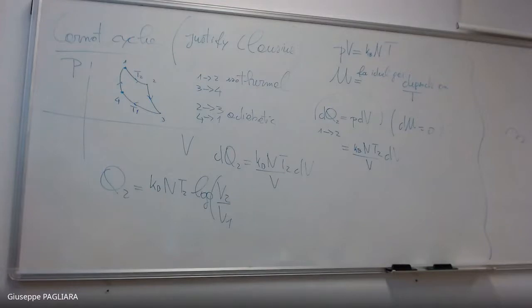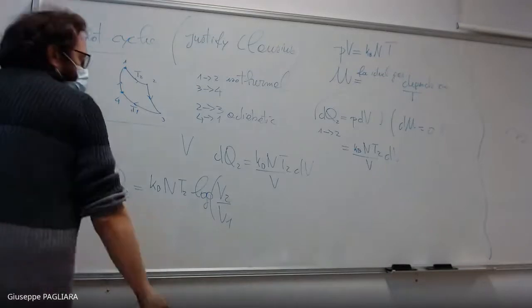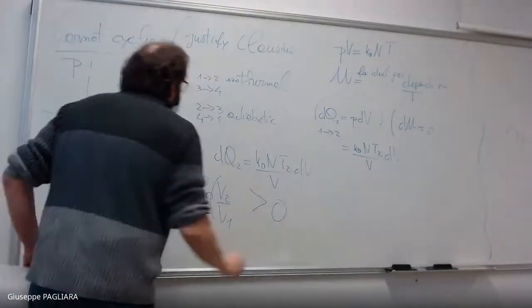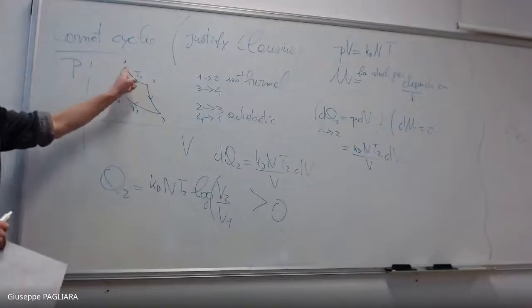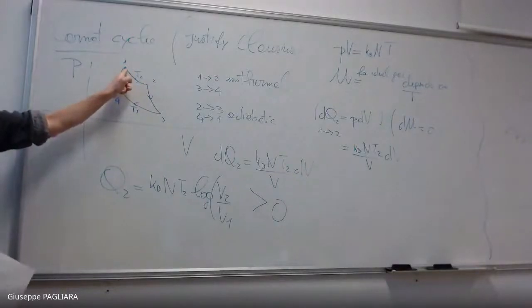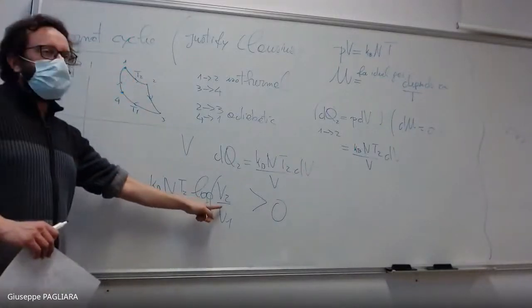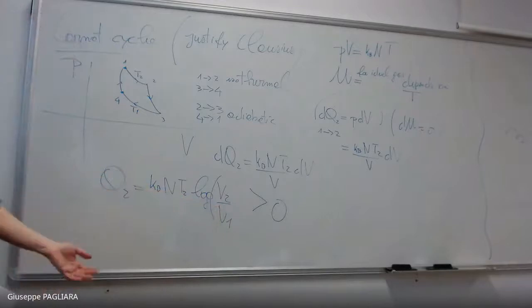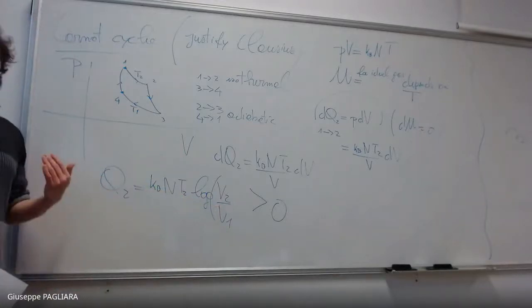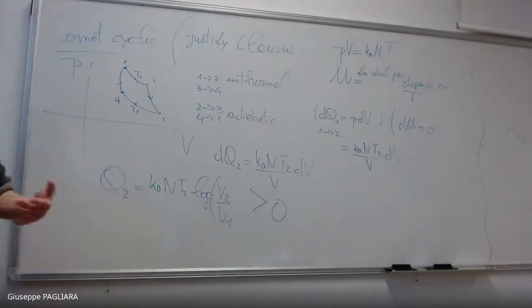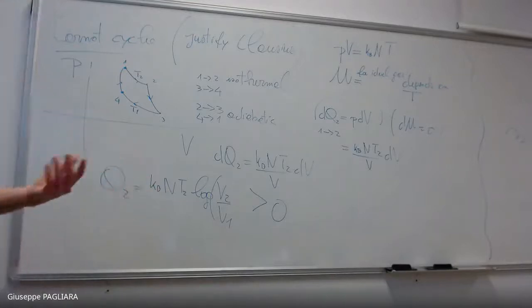Of course, this is energy which is gained by the system from the environment, because V2, as you can see here, is larger than V1, and therefore this is a positive number. Okay, this is the heat that is taken from the environment by our engine.